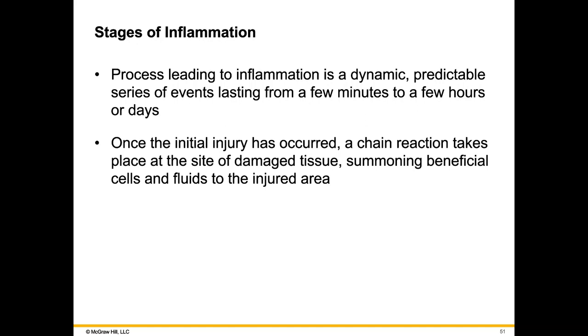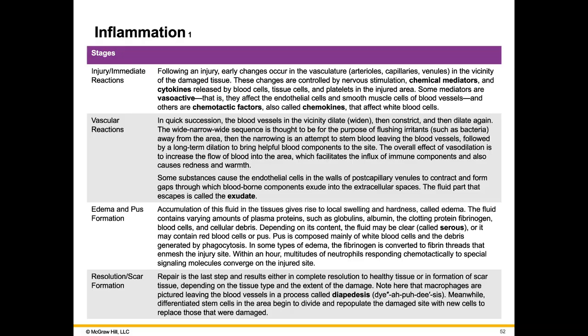Initially, there's going to be some kind of origin of inflammation, typically an injury, that will cause a chain of reactions to occur. I like to call this a cascade of events that will then lead up to inflammation of the injured area. So here we have our stages of inflammation.